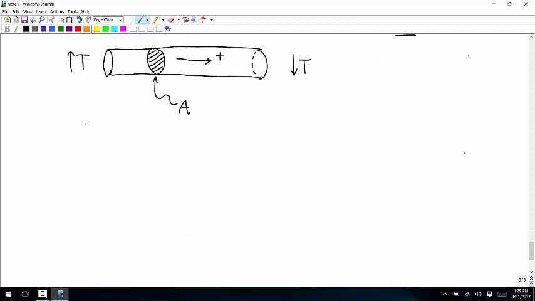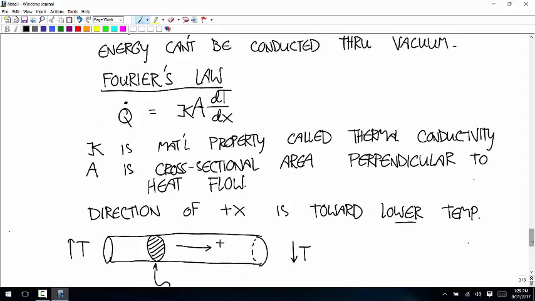Okay, so let's do an example. Yes, kappa does have units, and you can figure it out from the equation. This is Kelvin per meter. That's meters squared. And this is watts.